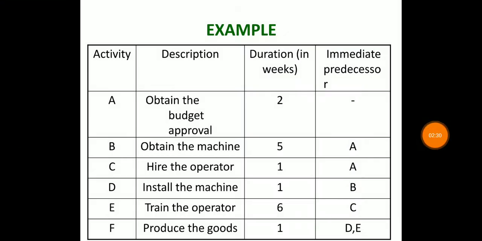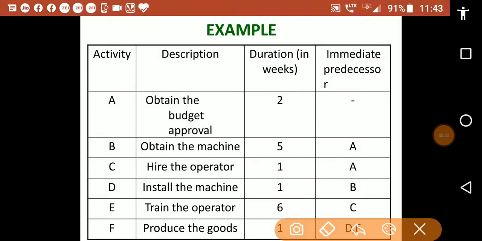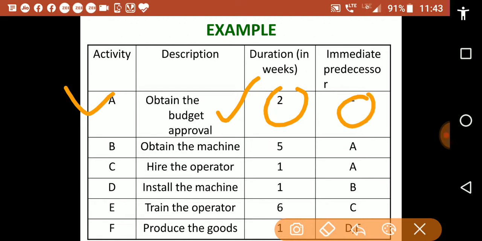This is an example of activities and descriptions. Activity A is obtain the budget approval. The duration is 2 weeks and the immediate predecessor is nothing. Second activity is B, obtain the machine.